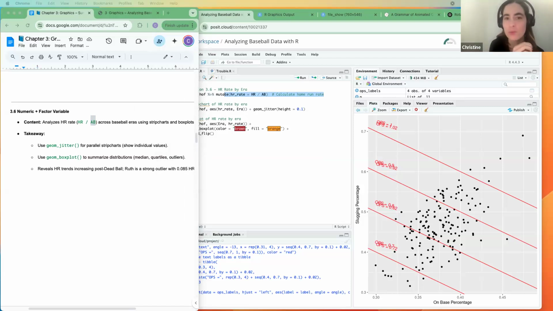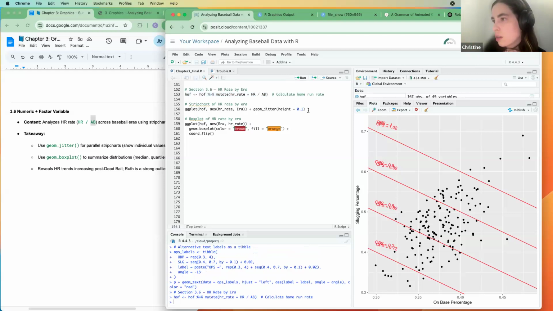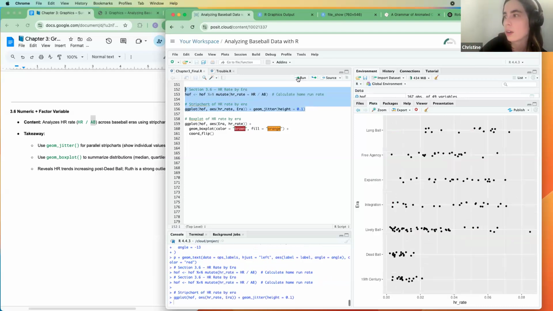Okay, so the number of home runs per attempts. We first started out creating that percentage, I'll run this, and then we looked at how this changed over time, home runs and attempts.